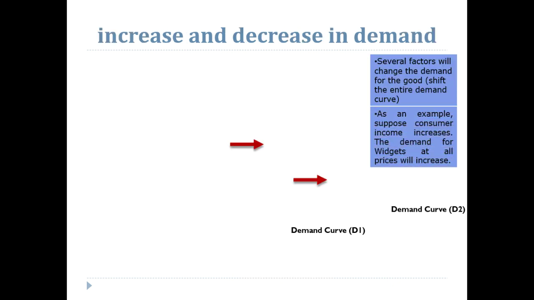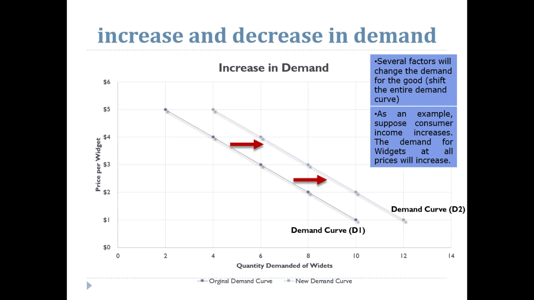Now we are going to see what is increase and decrease in demand. Increase in demand means it is a forward shift in the demand curve, that is from demand curve 1 to demand curve 2. What is happening? The demand curve is parallelly shifted to the right. You take one price, that is $2.